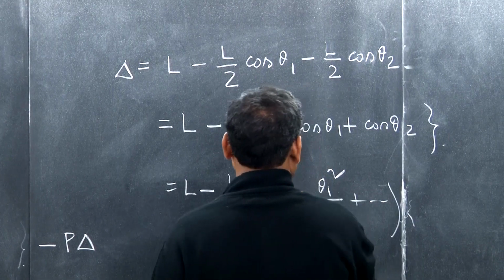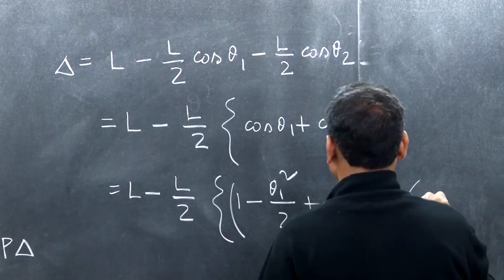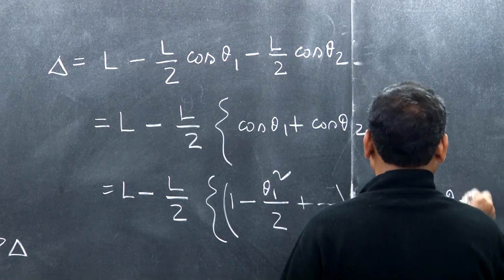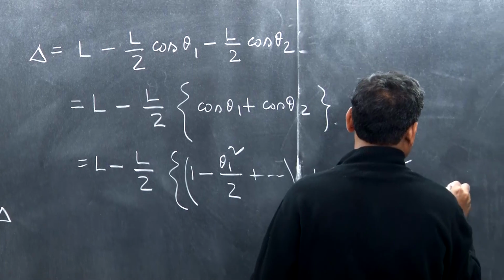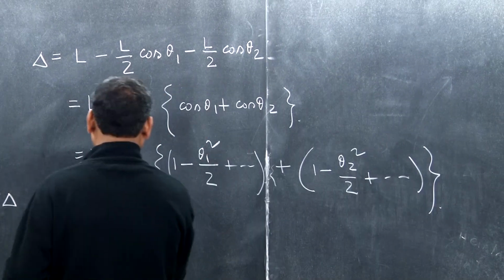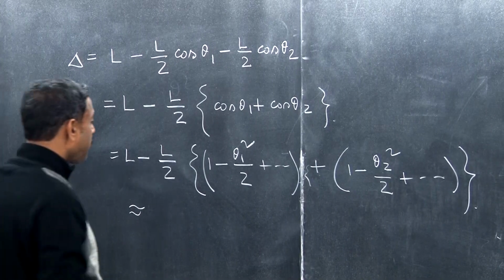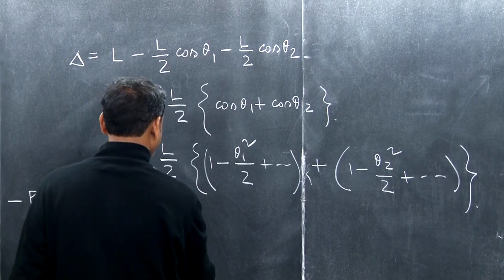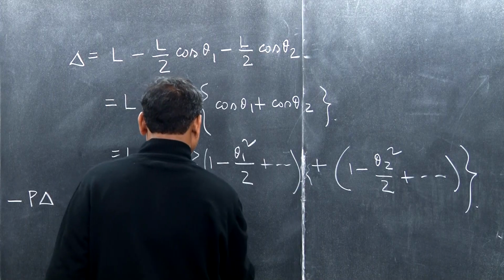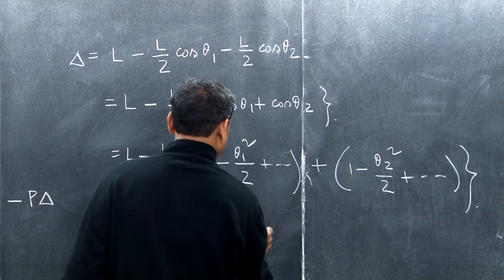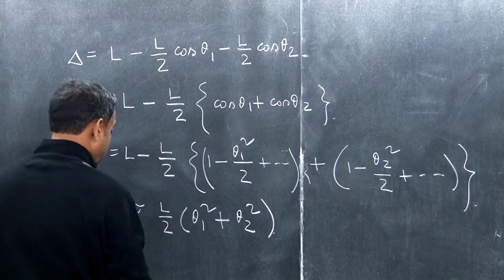Higher terms I am neglecting, but you may consider them later. So what was this after simplification? This was L by 4 times (theta 1 square plus theta 2 square).